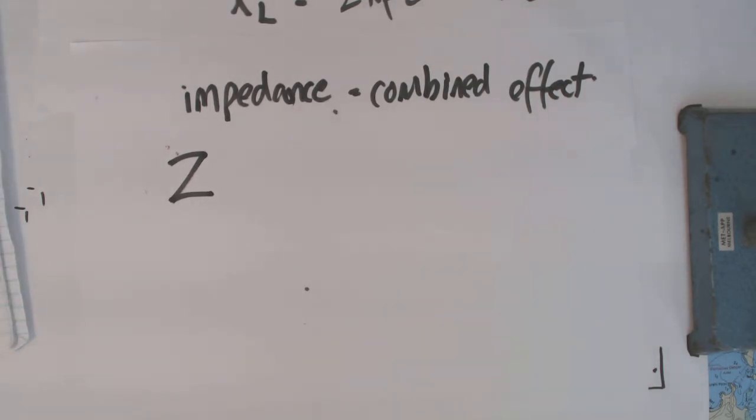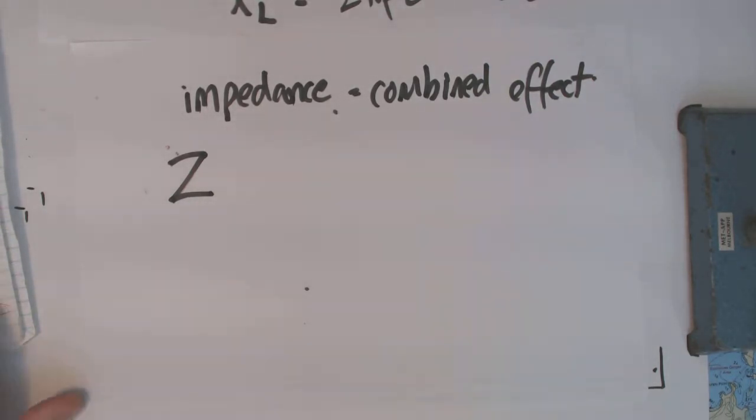So when we're working them out, we have to take into account that they work in an opposite sort of way. If we're going to work them out all together, which we can, we'll call that our Z.